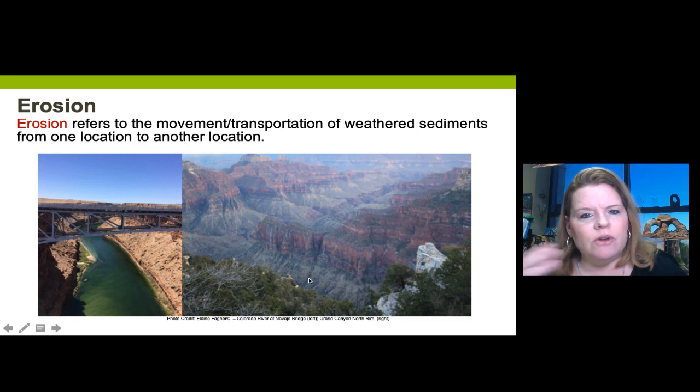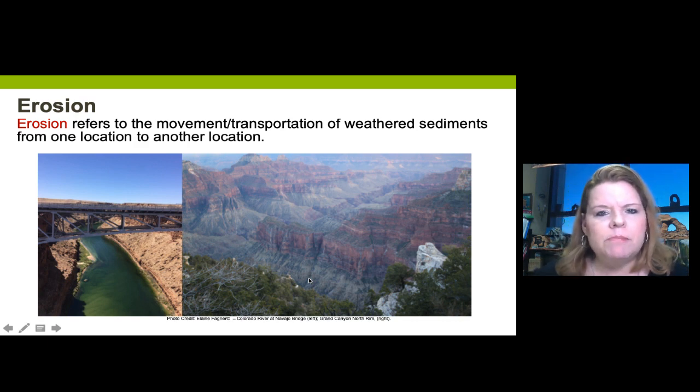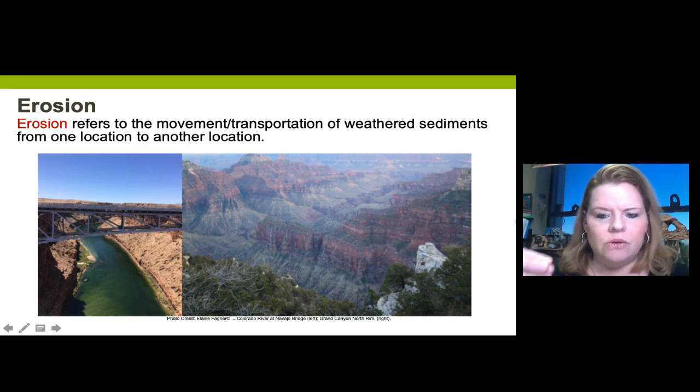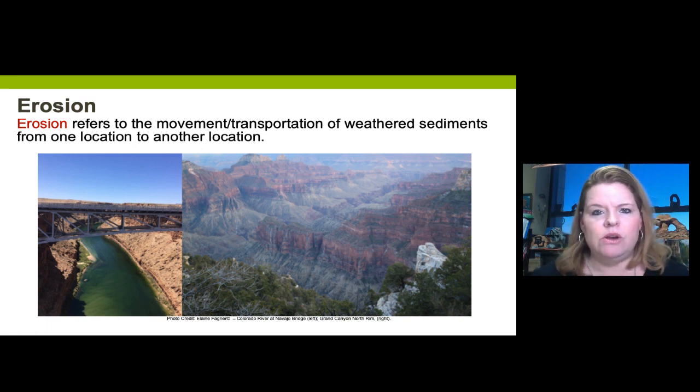These things are being weathered and moved downstream. So the movement part of it, that is erosion. When you look at the Grand Canyon, here's the gorge right here where the oldest rocks are, way down in this gorge section here. All of this is being weathered down and eroded. So eroded is the movement by the Colorado River.